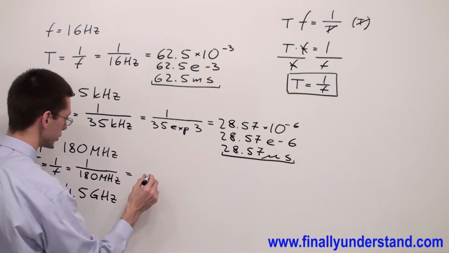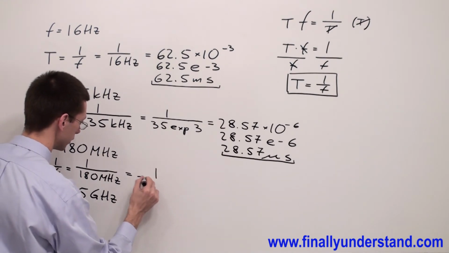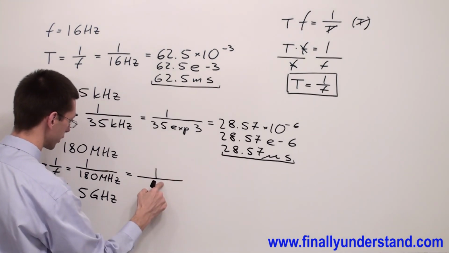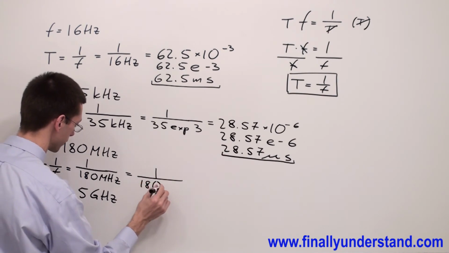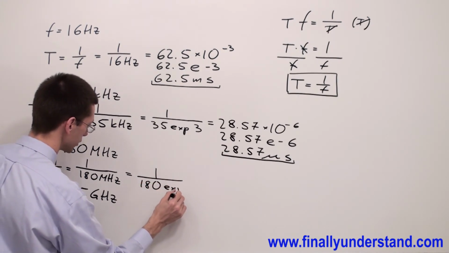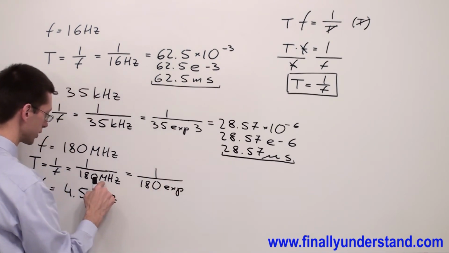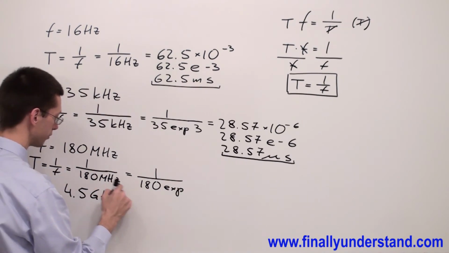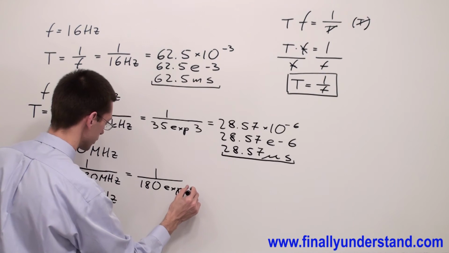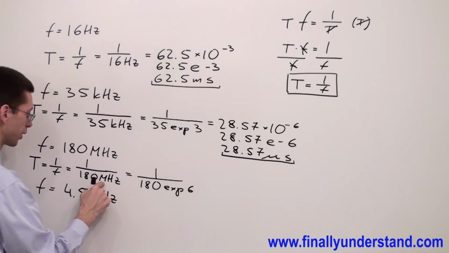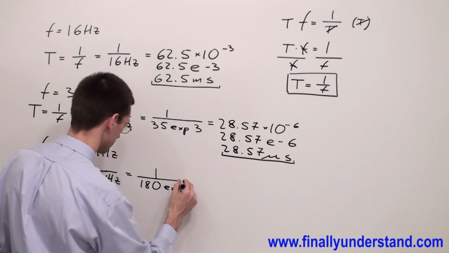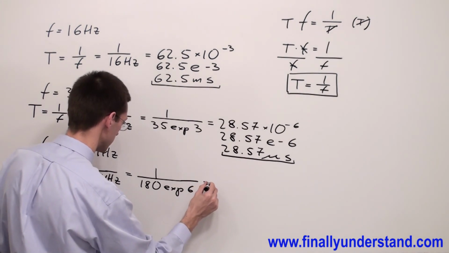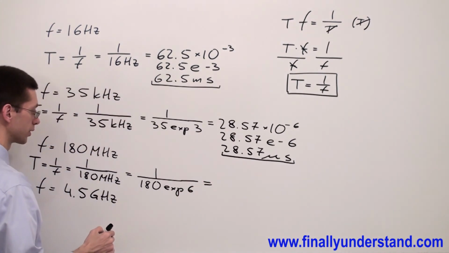How are you supposed to enter this into the calculator? 1 divided by, remember the fraction bar represents the division, 180 exp, because I have mega, I have to write 6 over here, because mega represents the power of 10, 10 to the 6, and simply type the equal sign.